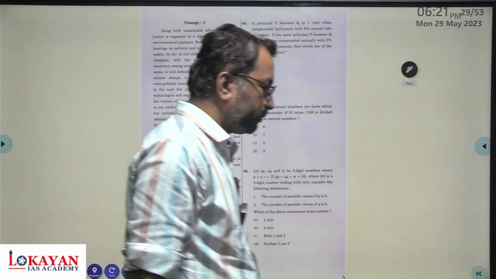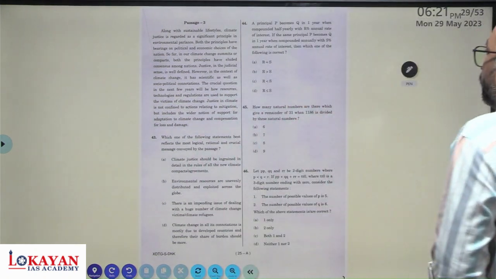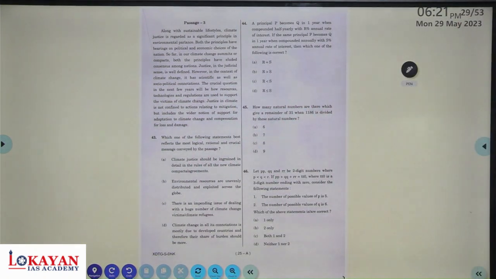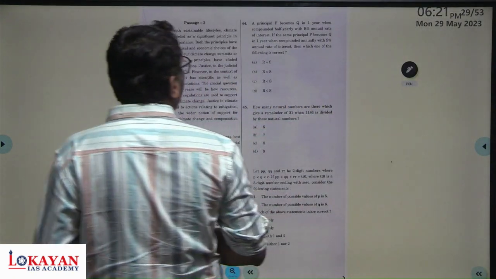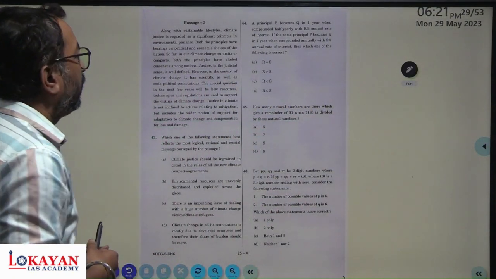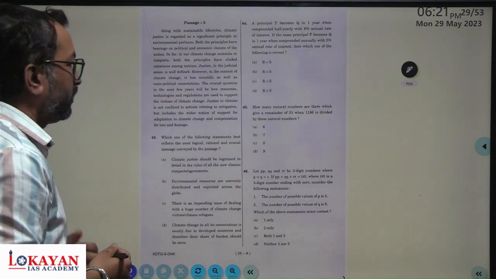Question 44. A principal P becomes Q in 1 year when compounded half yearly with R% annual rate of interest. If the same principal P becomes Q in 1 year when compounded annually with S% annual rate of interest, then which one of the following is correct?